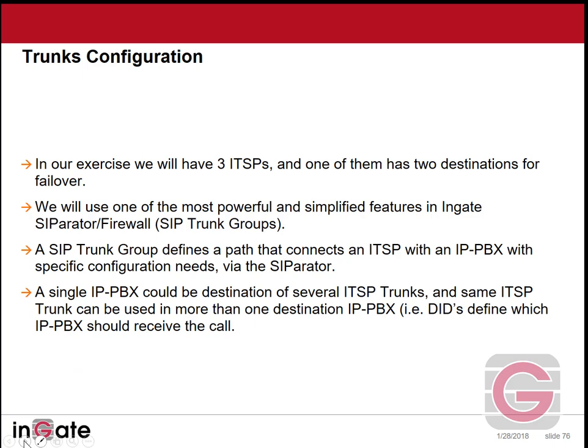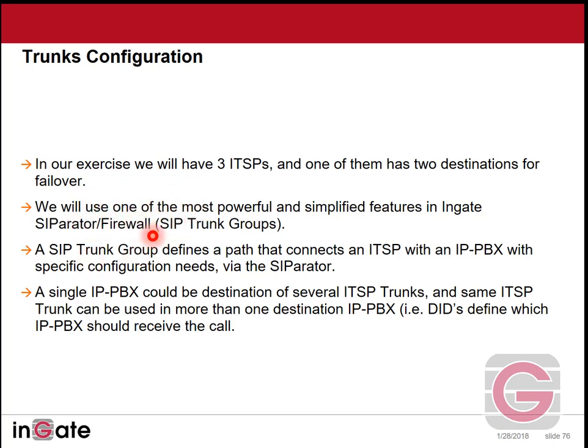Okay, next thing is to do the configuration of the trunks. Besides the remote access that we already enabled for remote extensions, now we need to enable SIP trunking in order to provide PSTN connectivity to the PBX. In our example, we are going to show having two or three ITSPs.